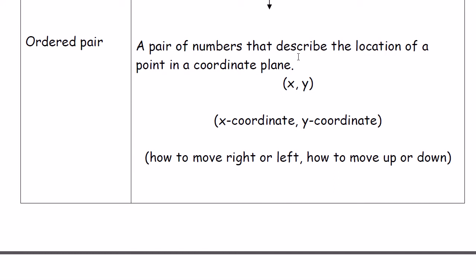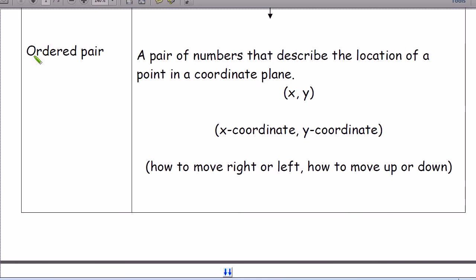Now the pair of numbers that describe the location of a point in the coordinate plane are called the ordered pairs. These ordered pairs are always going to have an x and then a y. Okay, and the x number, that's called the x coordinate, because it tells you how many numbers you have to move along the x-axis. And the y is going to be the y coordinate, because it tells you how many numbers you move up or down on the y-axis.